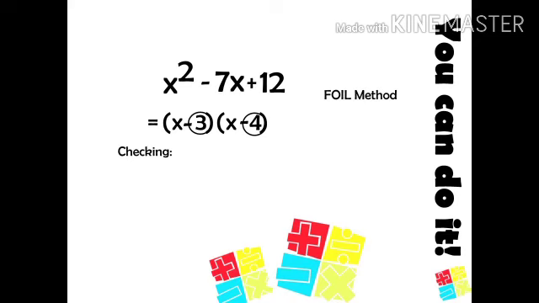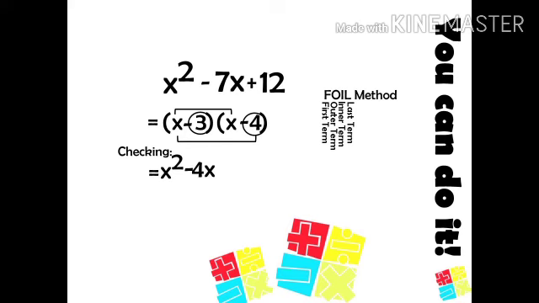To check, we are going to use the FOIL method. First, outer, inner, and last terms. x times x is x squared. Then x times negative 4 will be equal to negative 4x.